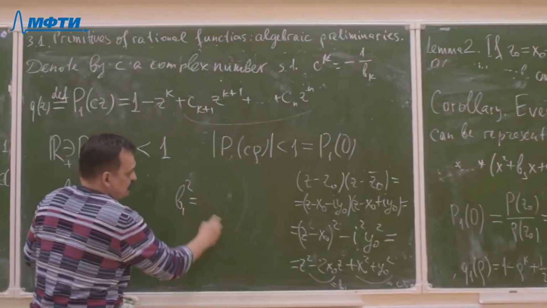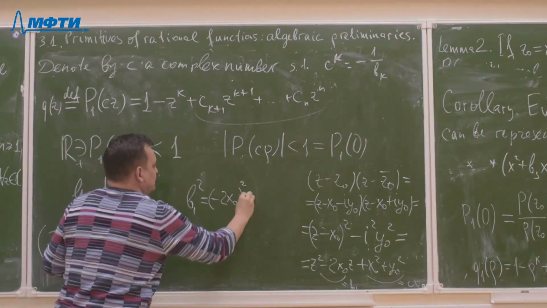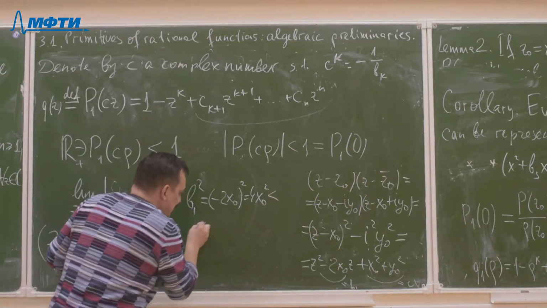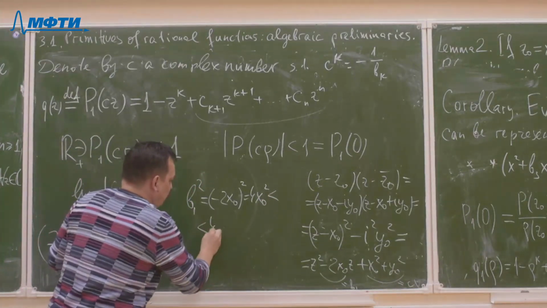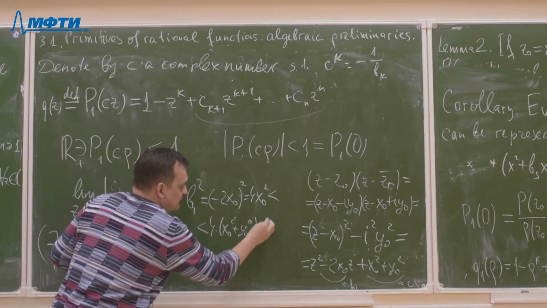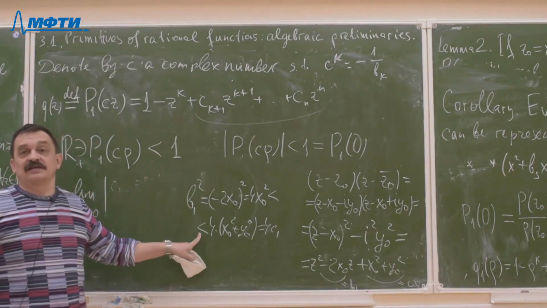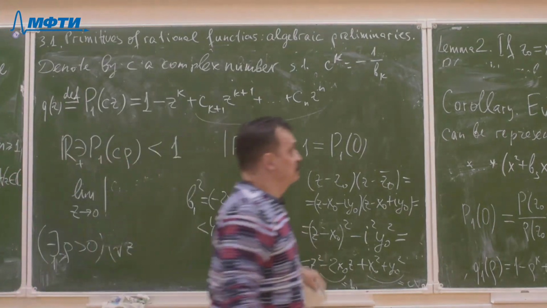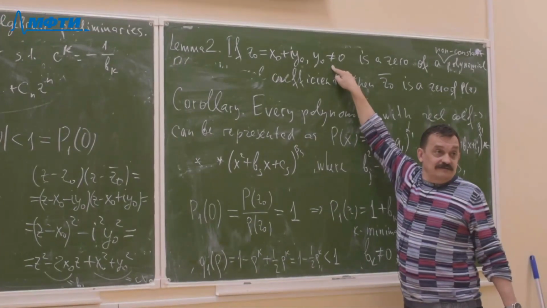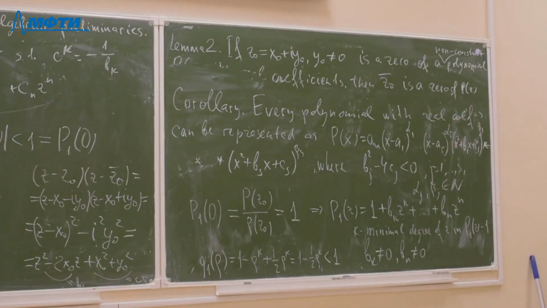B1 squared is 4 x naught squared. That is strictly less than 4 times (x naught squared plus y naught squared), which is 4C1. Why is it strictly less? Because we suppose y naught is not equal to 0, right? We had a complex zero with non-zero imaginary part.